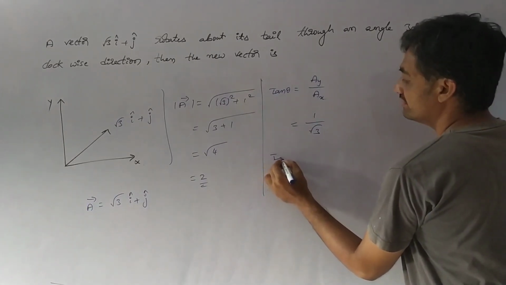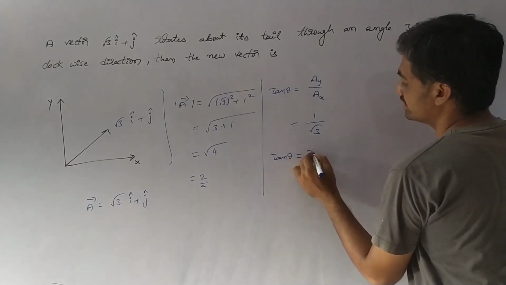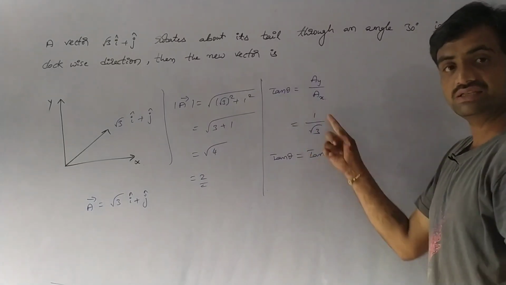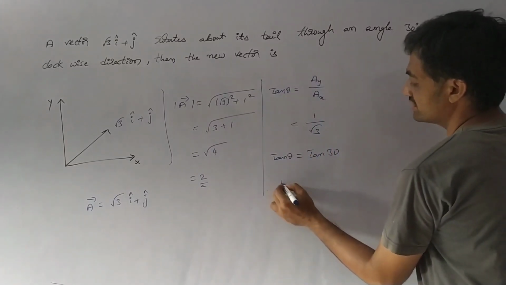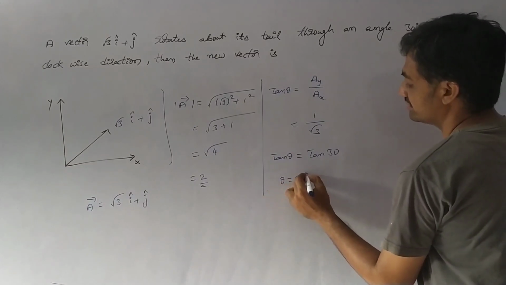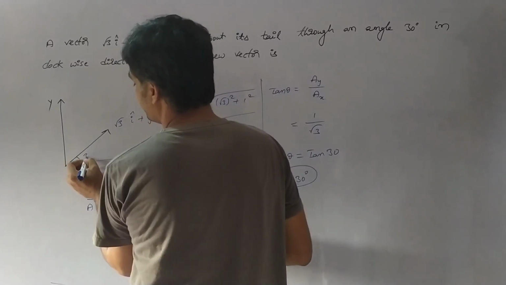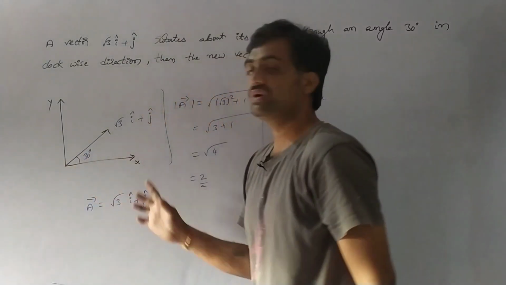Because tan 30 equals 1 by root 3, theta equals 30 degrees. Initially the vector makes an angle of 30 degrees with the horizontal.